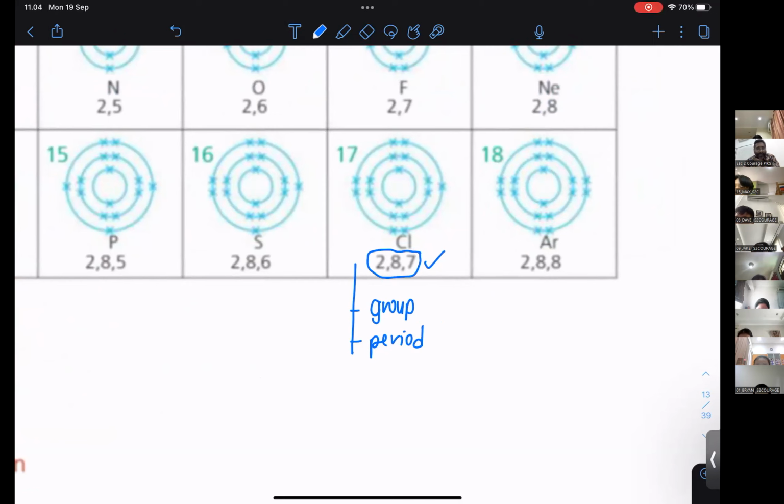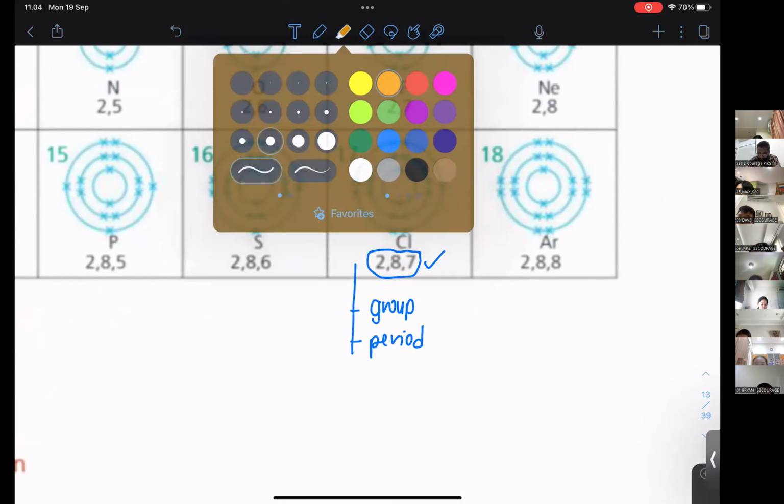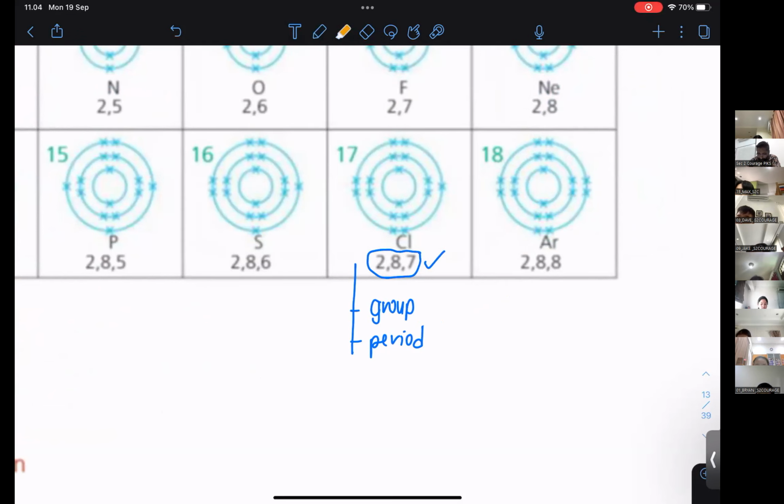Or if I guide you, Henrietta, what is the valence electron for Cl? 7. Yes, it is supposed to be 7. So this is going to be group 7.